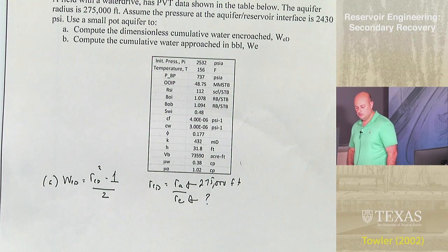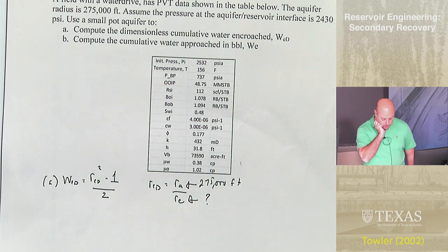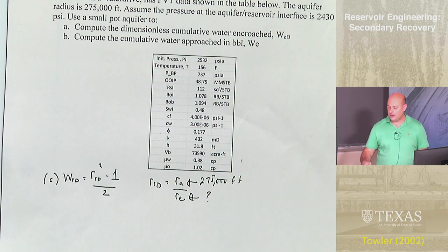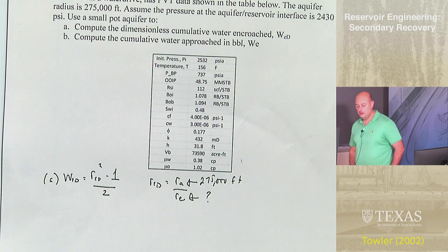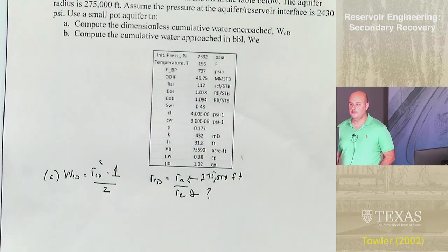Okay, and so what I'll do is I'll give you a minute or two to think about it. And I might be calling on some of you by name, so think for a second about how you might calculate the radius of the reservoir given some of the properties in the table there.